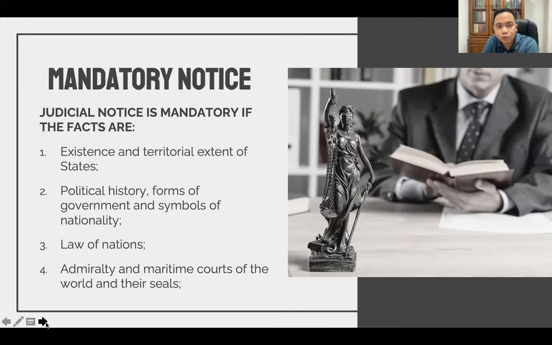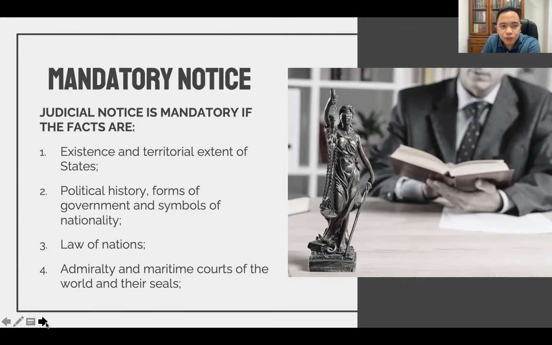Now, class, there are two kinds of judicial notice. One is mandatory notice and the other is discretionary notice. When you say mandatory notice, this is the kind of judicial notice which the court will always take judicial notice of. So what are they?